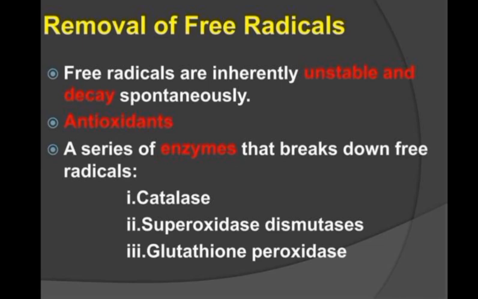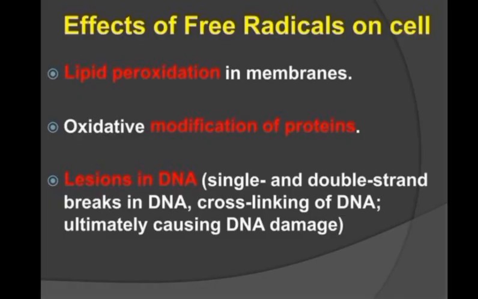Free radicals are inherently unstable and decay spontaneously. Antioxidants and a series of enzymes break down free radicals, such as superoxide dismutase and glutathione peroxidase. Effects of free radicals on cells: lipid peroxidation in membranes, oxidative modifications of proteins, and lesions in DNA.